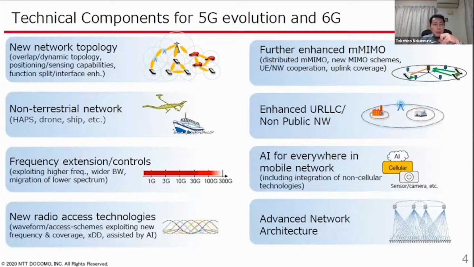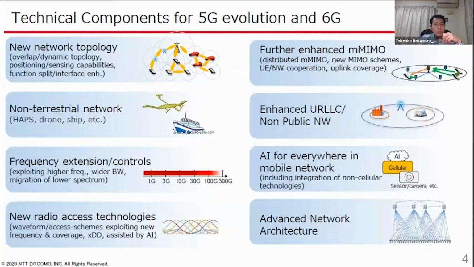From the left, new network topologies, including some kind of relay or multi-hopping or more advanced device to device technologies, and so on, to enhance the coverage. And the non-terrestrial network, NTN, this is already treated in the 3GPP, but maybe these technologies will be more important for the 5G evolution or 6G era. And frequency extension controls.